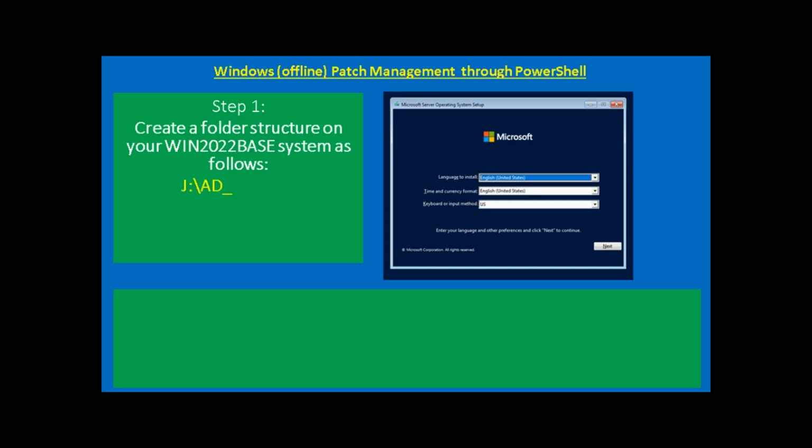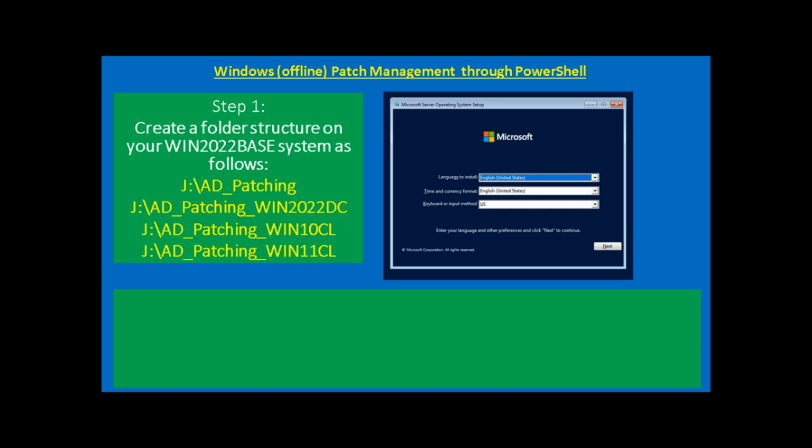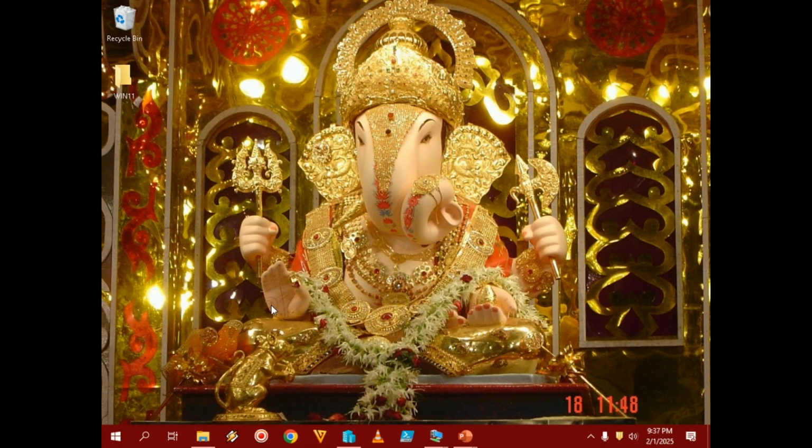JAD patching is the base folder for VM storing, and then JAD patching Windows 2022 DC for the Windows 2022 DC VM, then a JAD patching Win10CL folder, and then a JAD patching Windows 11CL folder. So let's try to verify this one.